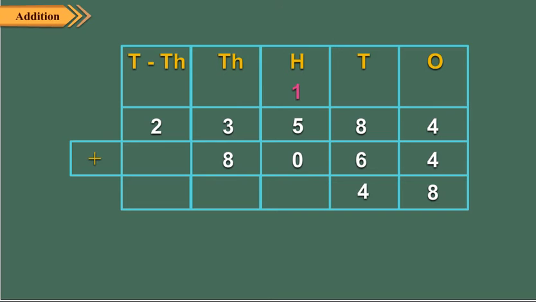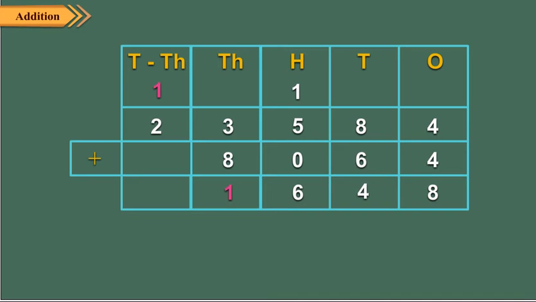Add hundreds. 1 hundred carried plus 5 hundreds plus 0 hundreds is equal to 6 hundreds. Write 6 in the hundreds column. Add thousands now. 3 thousands plus 8 thousands is equal to 11 thousands. 11 thousands is equal to 10,000 plus 1,000.